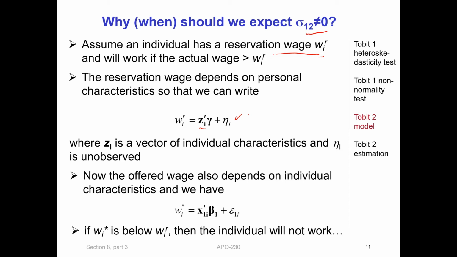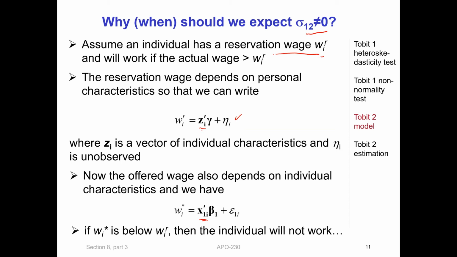Now, in turn, the wage that we are offered when we, for example, go to the job market will also depend on individual characteristics. These characteristics may or may not overlap with z, but again, as you could imagine, there will be some overlap over there.